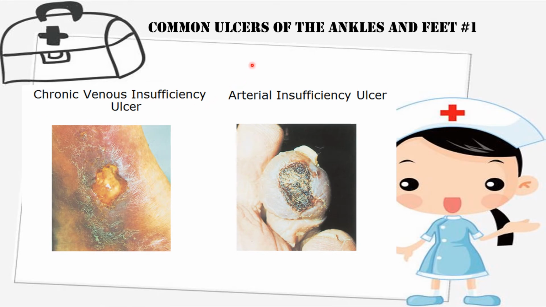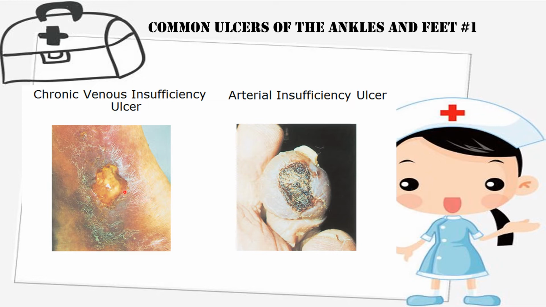So another example of common ulcers of the ankle and the feet, we have here the chronic venous insufficiency ulcer. This condition usually appears over the medial and sometimes the lateral malleolus. The ulcer contains a small painful granulation tissue and fibrin.